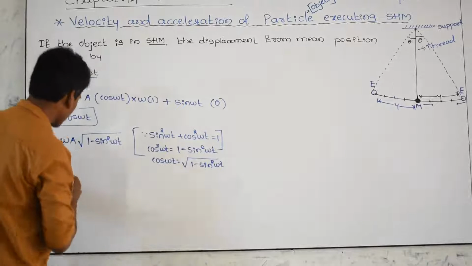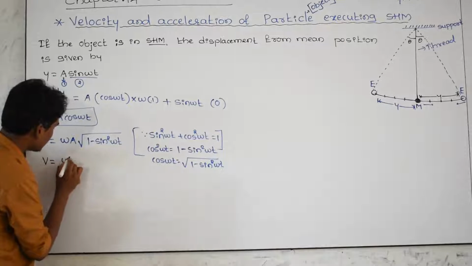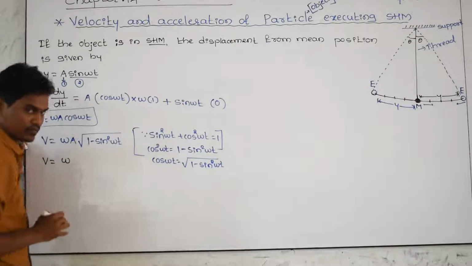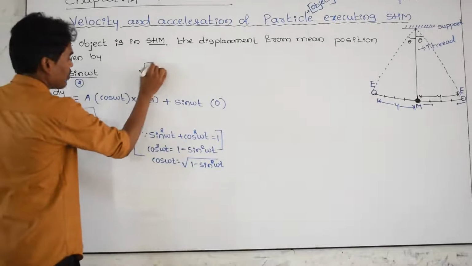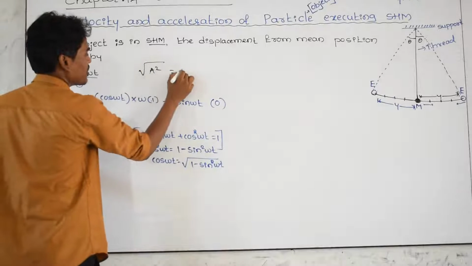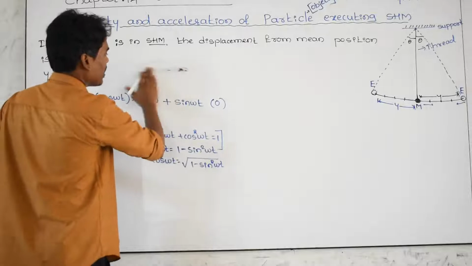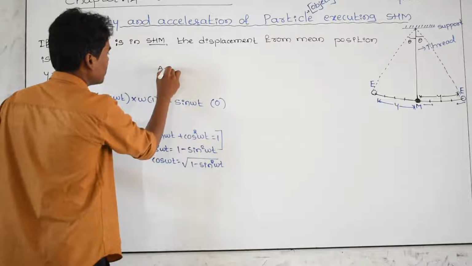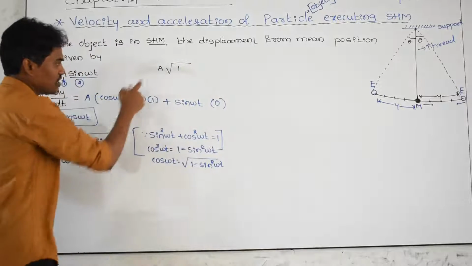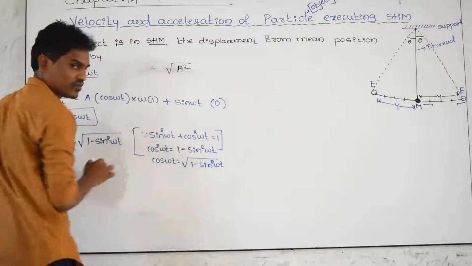And again further I am simplifying. v is equal to omega as it is, send a inside the root. Root of a square, take a outside, the answer is a. Here a is there, and root of 1, send a inside, then it will become a square.